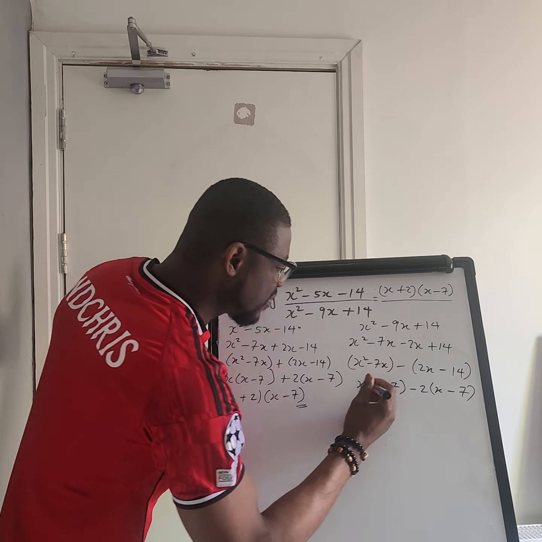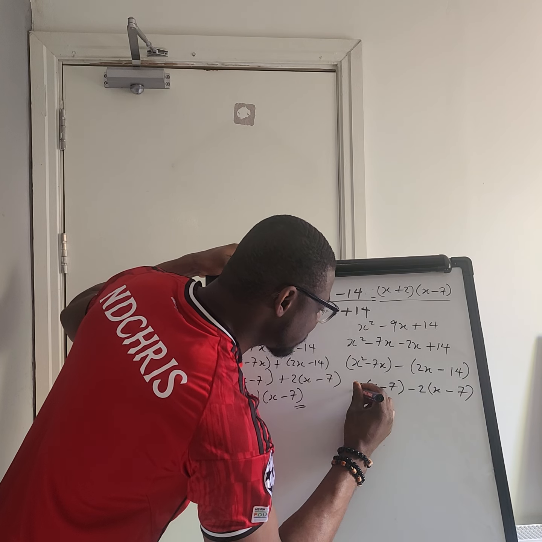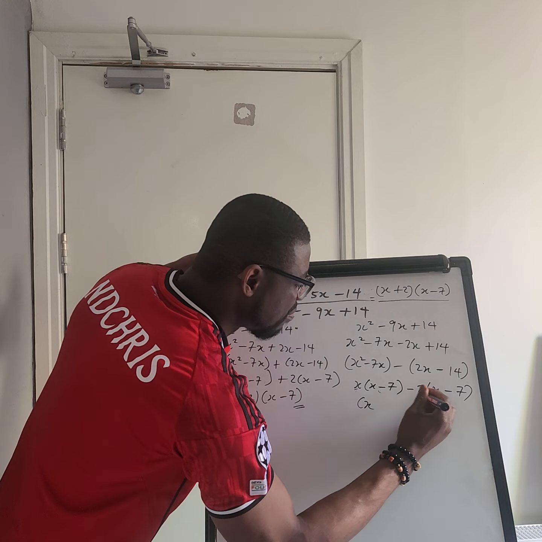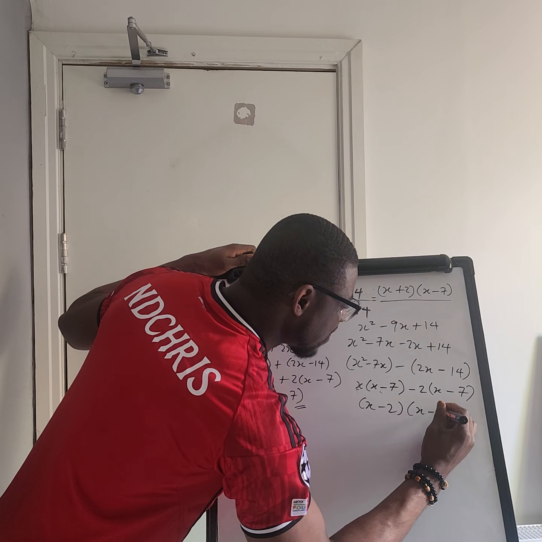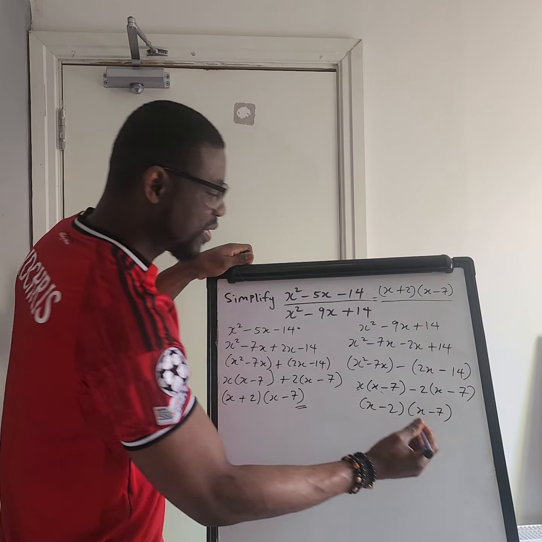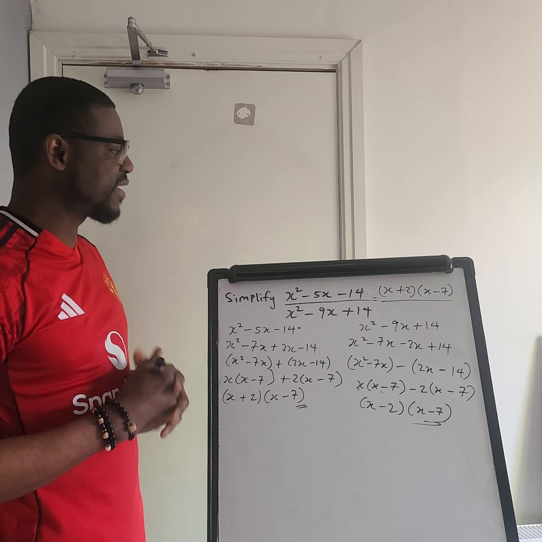Just like the first time, collect the coefficients of the bracket together. So we have x, which is this one, minus 2, and then pick one of the brackets, x minus 7. So you've been able to factorize the denominator.